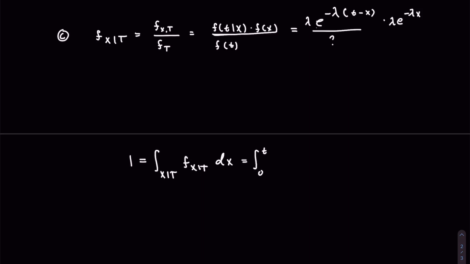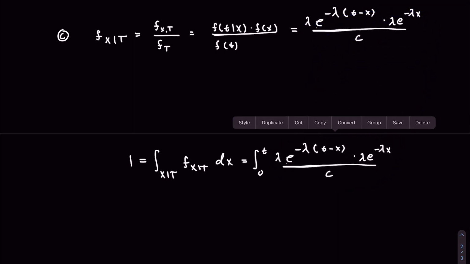I'm jumping around a little bit here. What we want to do is take this piece, which is what we are integrating over, and this is a constant that will not depend on x. So let's just write it as a c. It's a constant. Copying it here, dx.